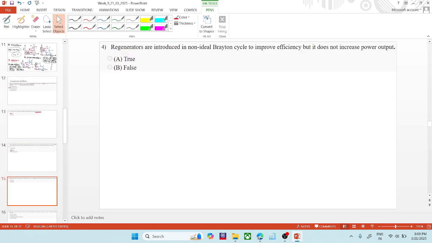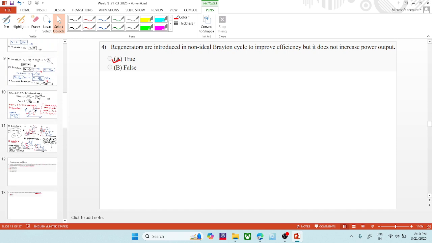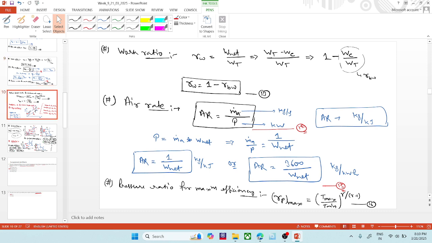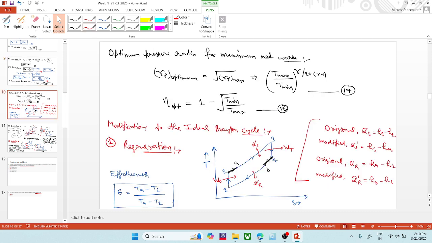Then, regenerators are introduced in a non-ideal Brayton cycle to improve the efficiency, but it does not increase the power output. This statement is true, as we have seen in the regeneration here. So here we can see the WT is the same, WC is the same, so the net work would be the same.